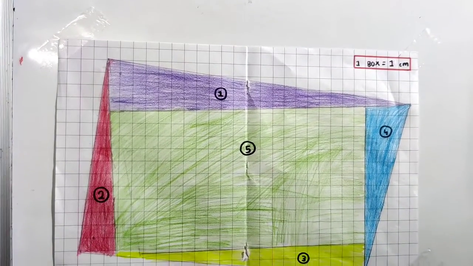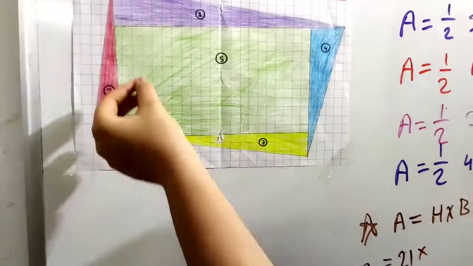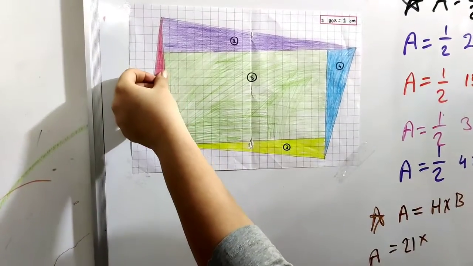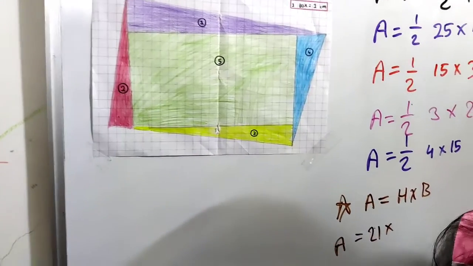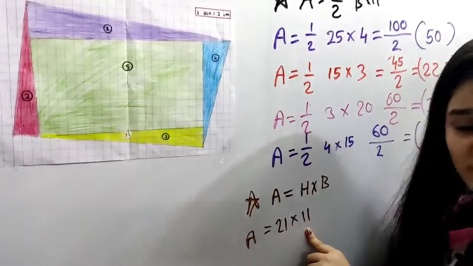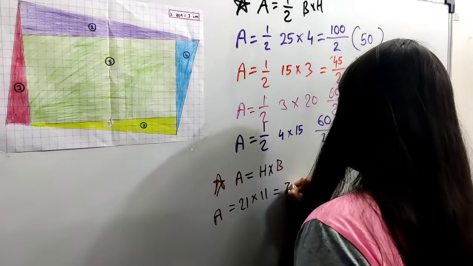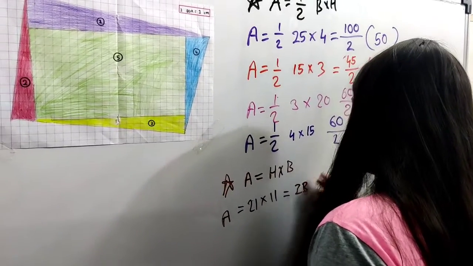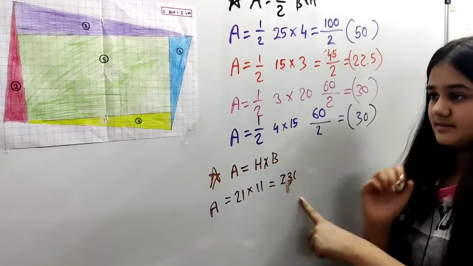So let's write 21 over here, and then we multiply it with, over here you can count 1, 2, 3, 4, 5, 6, 7, 8, 9, 10 and 11. So we have 11. So let's multiply it with 11. 21 into 11 is basically 231. Okay, so this is our answer.